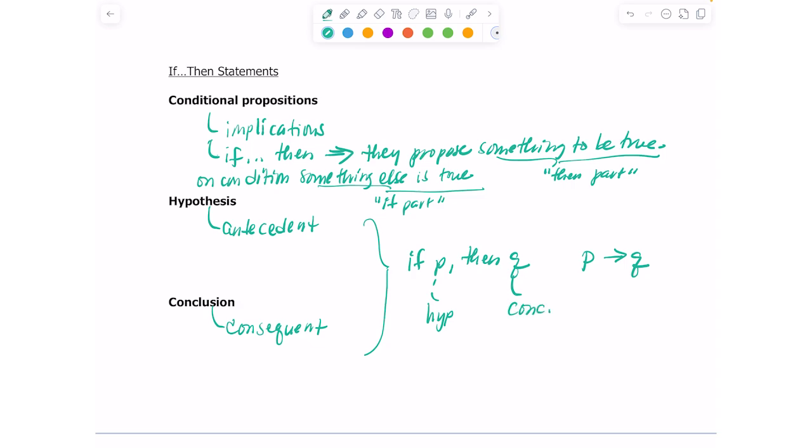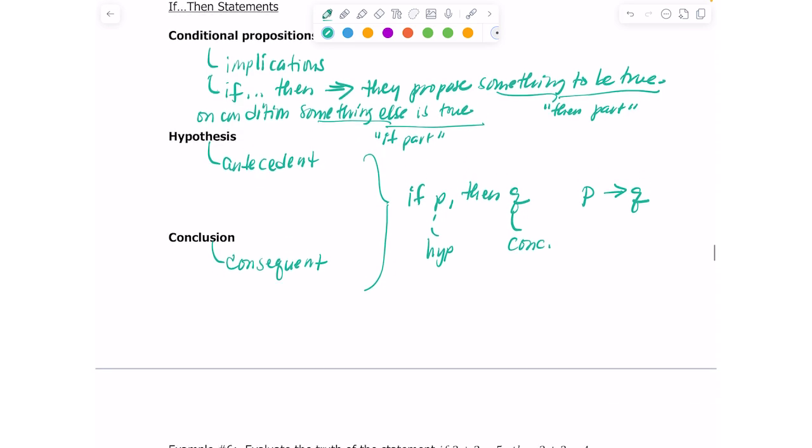So here's another example. If you get an A, then I will buy you a car. So how do I know what the truth value of an if-then statement is?